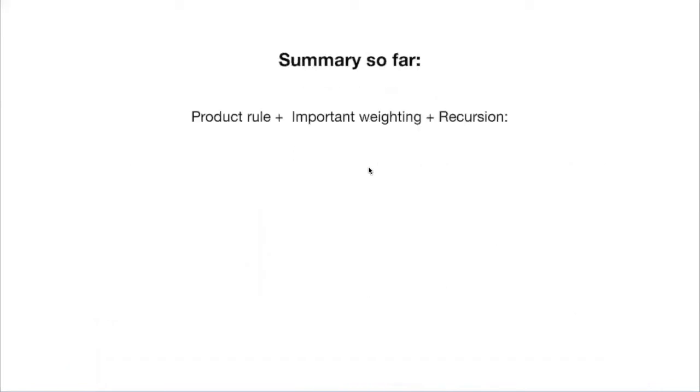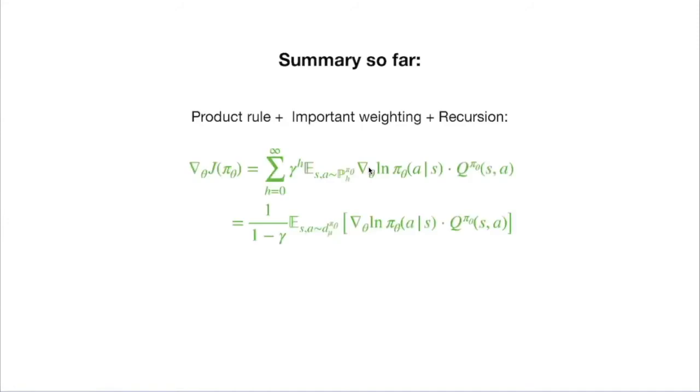All right, so that's the expression that we get. So what we did: use product rule plus importance weighting plus recursion for infinitely many steps, we arrive at these two formulations. Here we're just using the definition d pi theta mu.